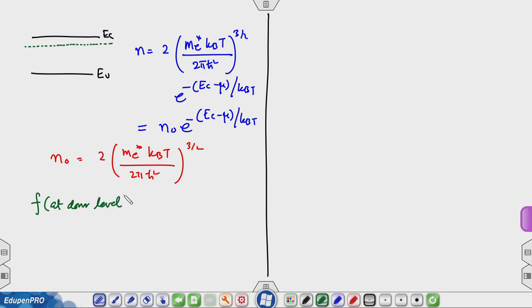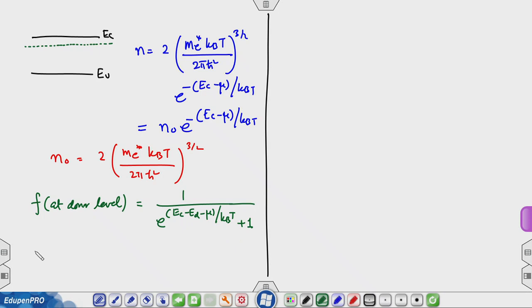Now, the occupation probability at the donor level, F at the donor level, is equal to 1 over e raised to E c minus E d, that is the energy level of the donor, minus mu over k b T, plus 1. This is the occupancy probability.